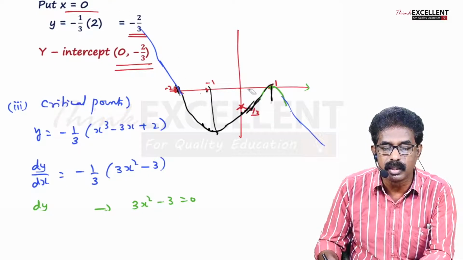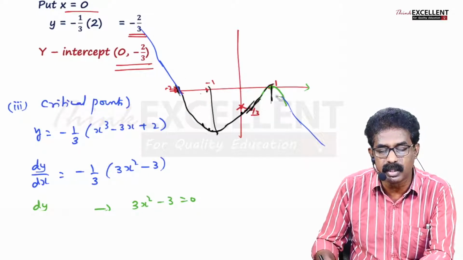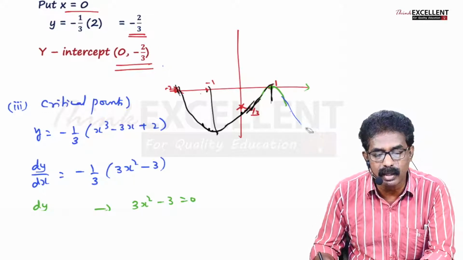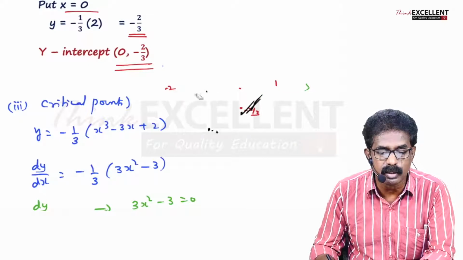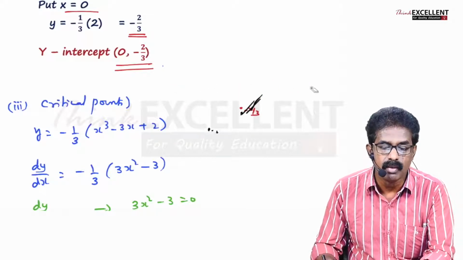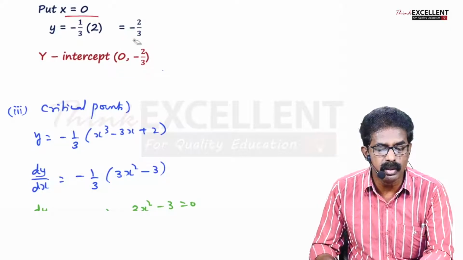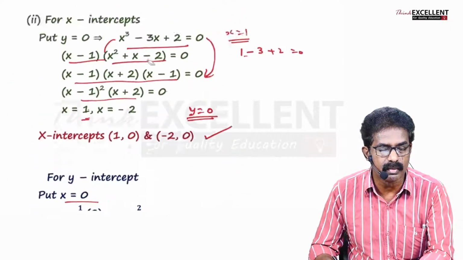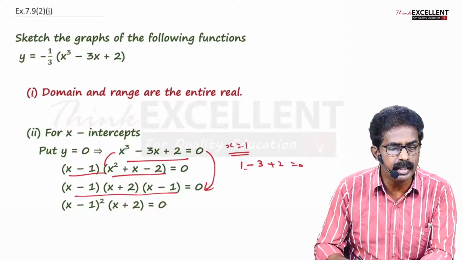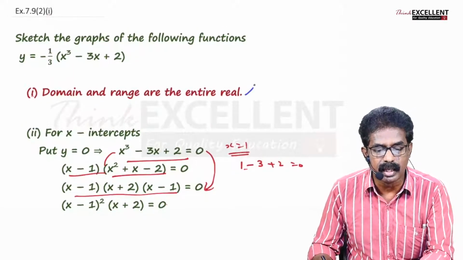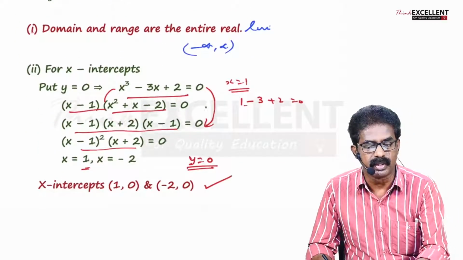Here it goes up to plus infinity, and here going down to minus infinity. So for y value, it is minus infinity to plus infinity. That is the reason the range is also the real line. So that you written first: domain and range are the entire real line, or you can say from minus infinity to plus infinity.